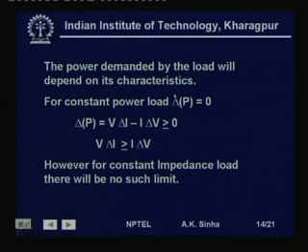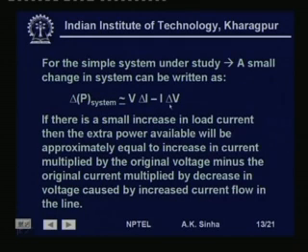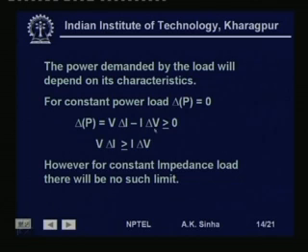The power demanded by the load generally depends on its characteristics. For a constant power load, delta P will be equal to 0, and therefore we get delta P equal to V delta I minus I delta V, which is this relationship, and this must be greater than or equal to 0.